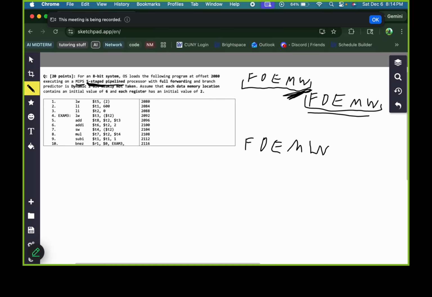So instead of doing this right over here, we're going to instead start right after we finish this fetch. Every processor can only handle one fetch, one decode, one exec, one mem, and one write back. We cannot do 2 fetches at the same time because they use the exact same components at the exact same time.